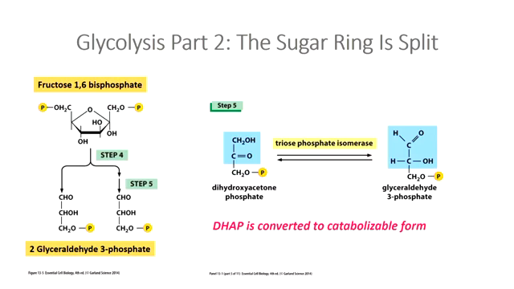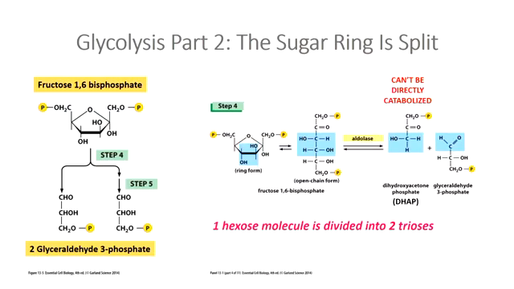Now we're going to get into some resonance structures that are formed in the intermediate, and we're going to interconvert now our aldehyde and ketone groups. And when we do that, what we end up with is glyceraldehyde 3-phosphate, exactly the same as the other product that we made in the last reaction.